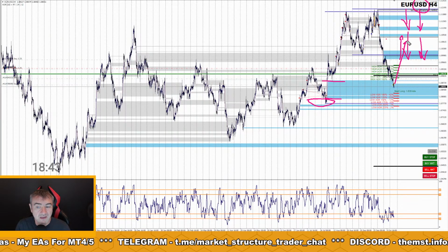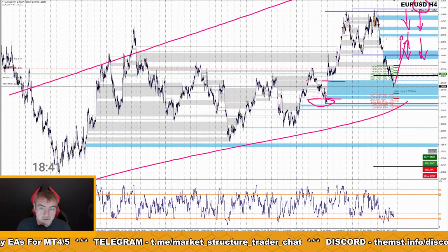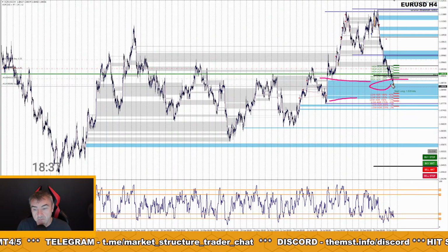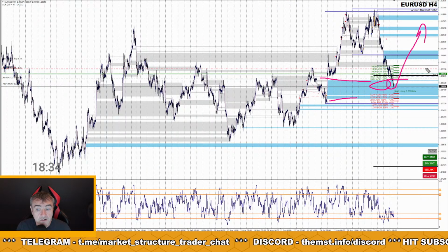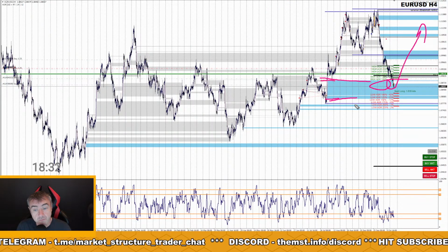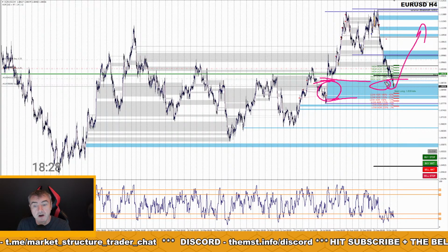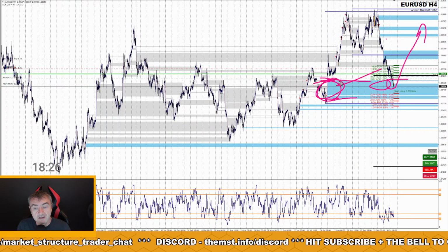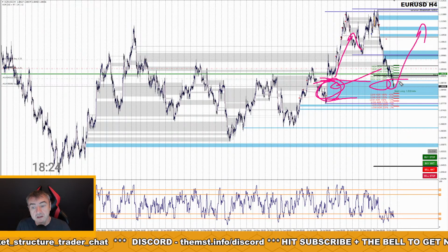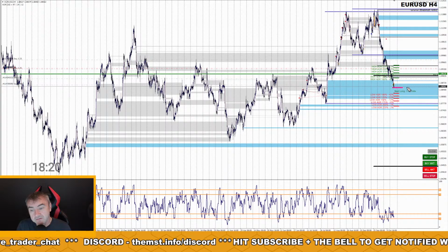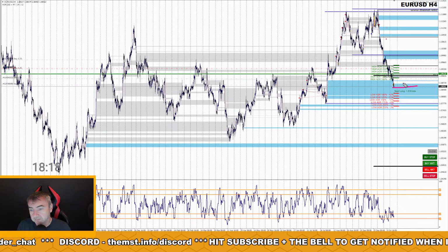So theoretically, we should continue the market structure that we're seeing at the moment, which is bullish. So this is an area you would look to buy. You add as well. News hasn't changed the fundamental bias on this from the guys that entered here. They will still be looking for that bias.